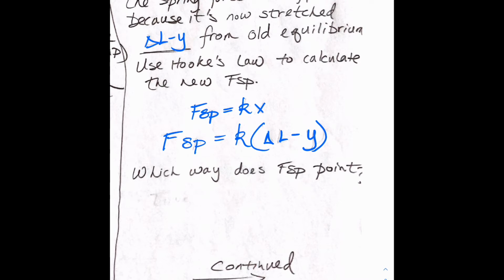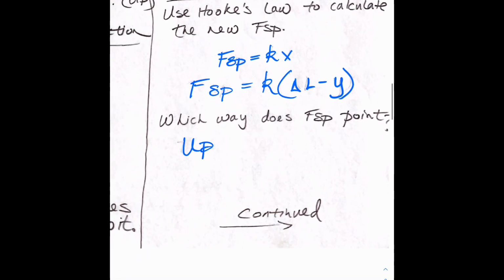But this is the distance from where the block is to old equilibrium. Okay, so which way does force spring point? We already said force spring is going to point up. Okay, good. Let's go ahead and move to the next page.